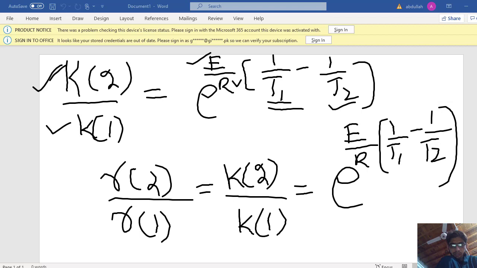So these are the relations. This is the reaction rate at temperature T2 and the reaction rate at temperature T1. So we can also find the reaction rate from the Arrhenius law, and this is very important.